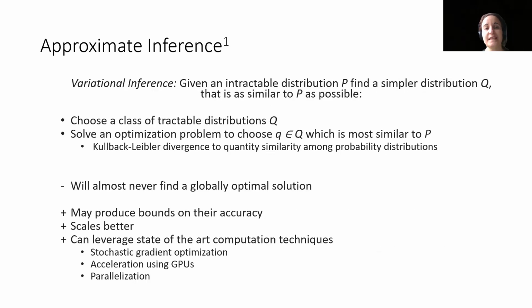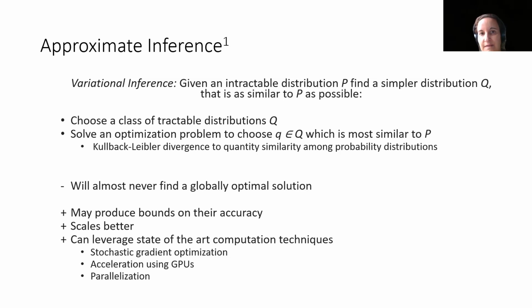Okay. So another form of approximate inference is what we call variational inference, and this is actually related to what we just discussed about Metropolis Hastings. I assume that we have a joint probability distribution P, and this is a very hard probability distribution to compute analytically, to compute the marginal or the MAP, but we are able to find a simpler solution which is as similar to P as possible.